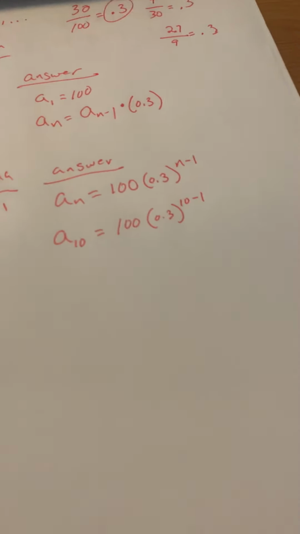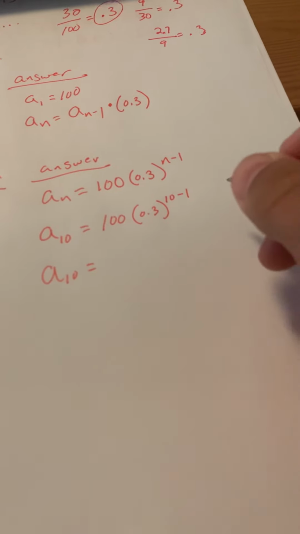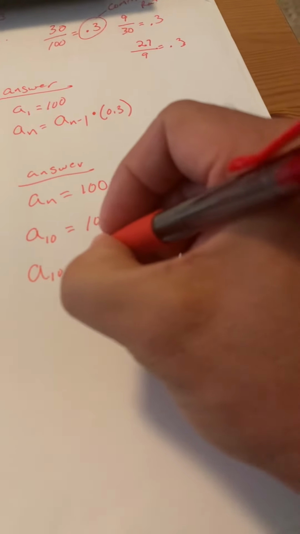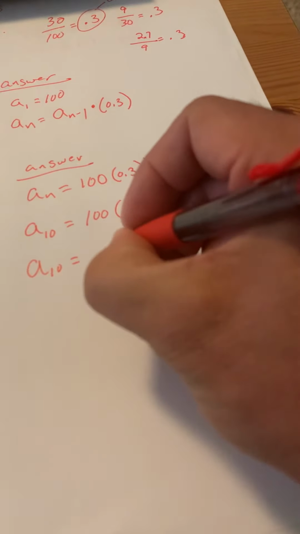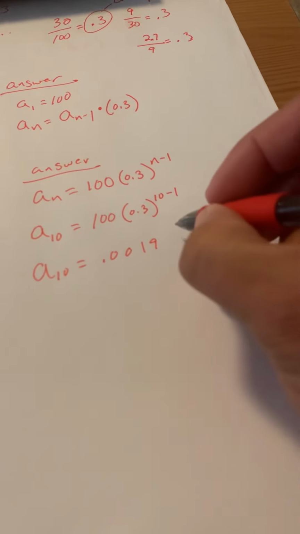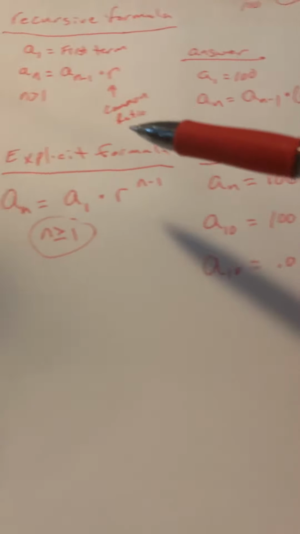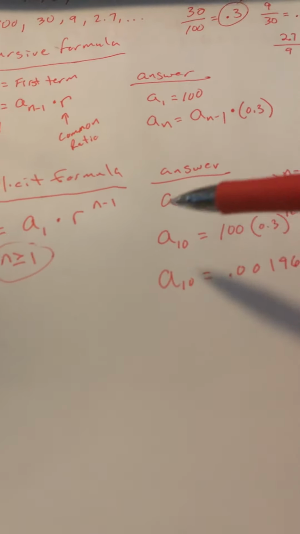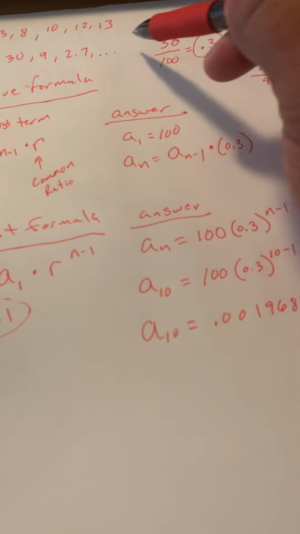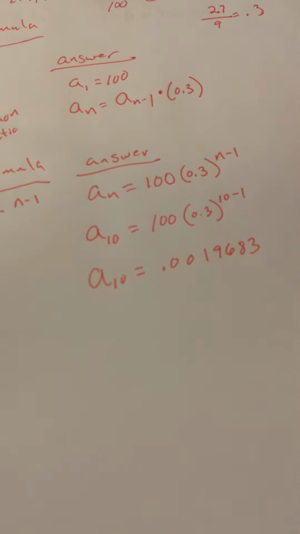And if I plug that into my calculator, I find out that my 10th term should be, I think it's kind of a small number, 0.0019683. So using the explicit formula, it allows me to skip having to find all the terms before the 10th term. I can just go straight to the 10th term and find that.